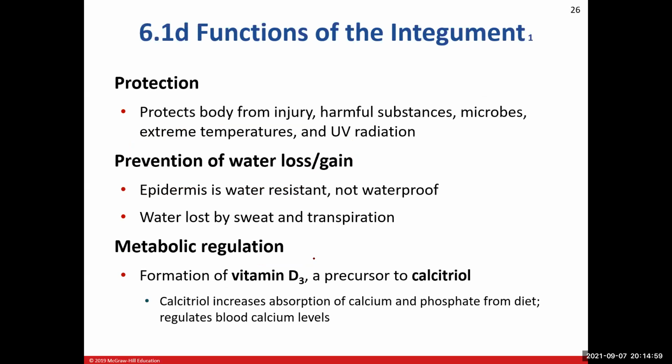All right, so let's discuss some of the functions of the integument. I will review this in a little more detail in lecture. Just some of the finer points here.